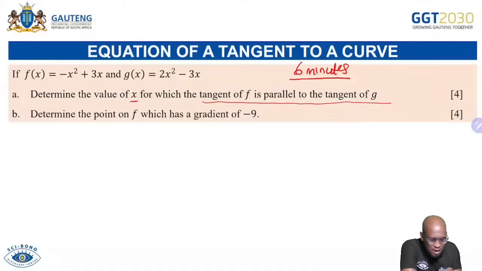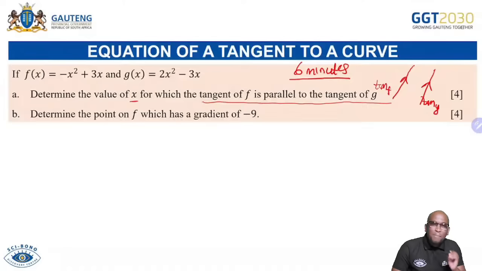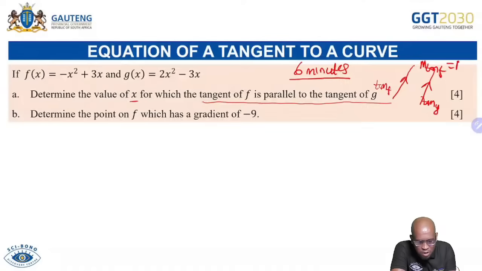If the tangents are parallel, let's say this is the tangent of f, and this is the tangent of g. If they are parallel, what do we know about the properties of the gradients of parallel lines? It means that the gradient of the tangent of f would be equal to the gradient of the tangent of g.